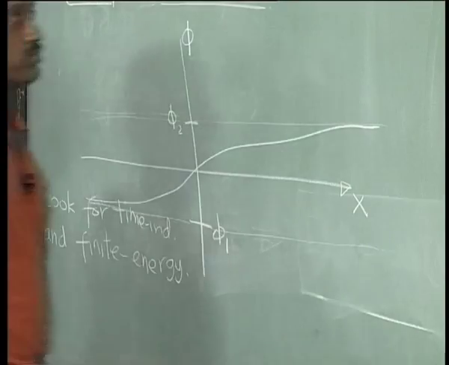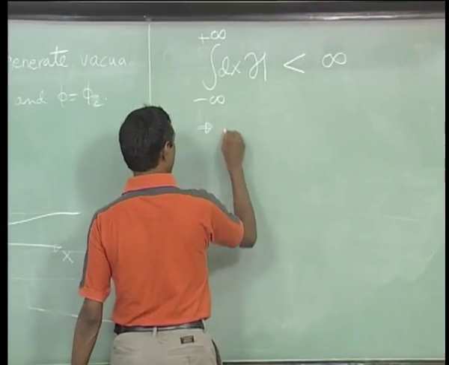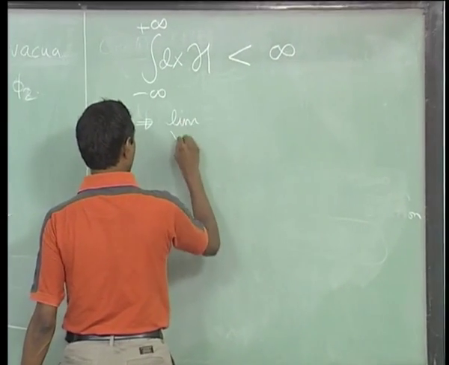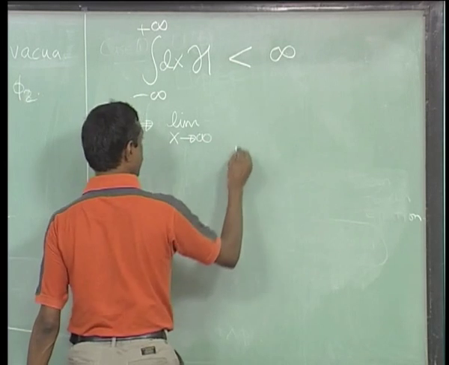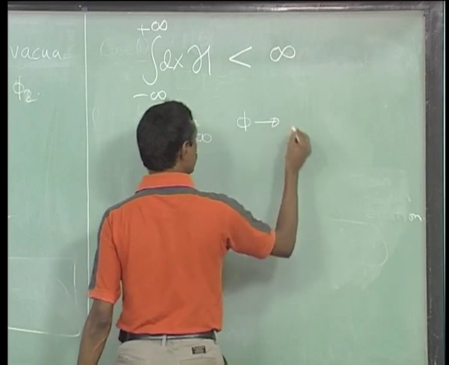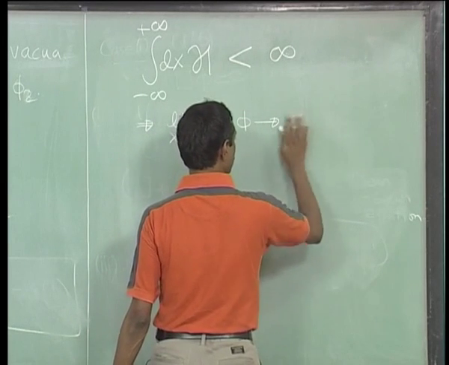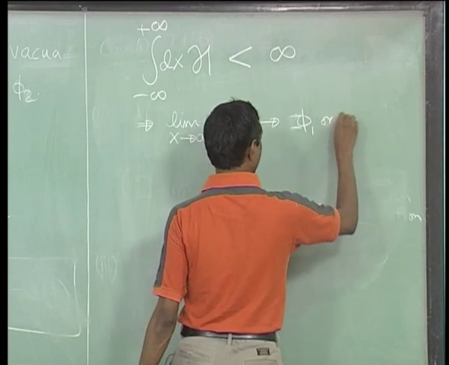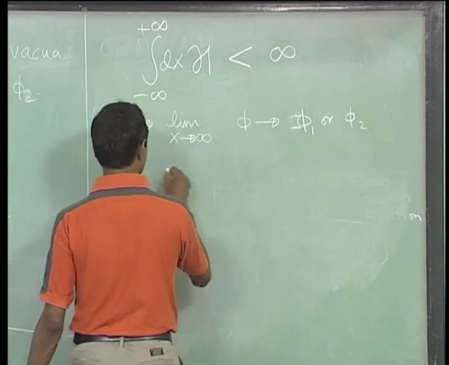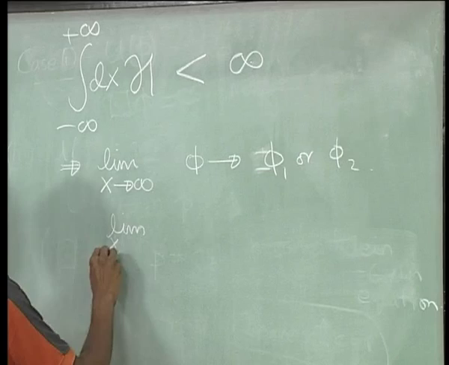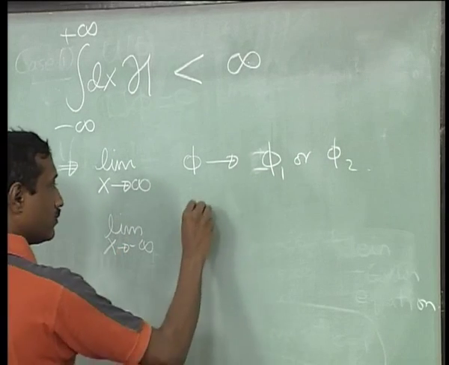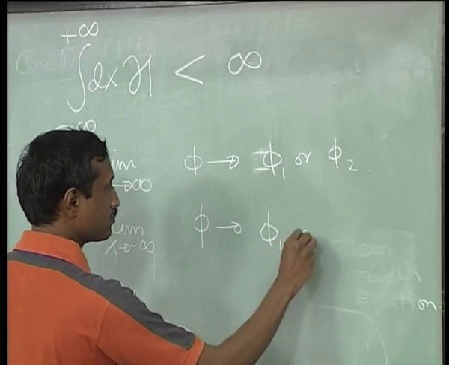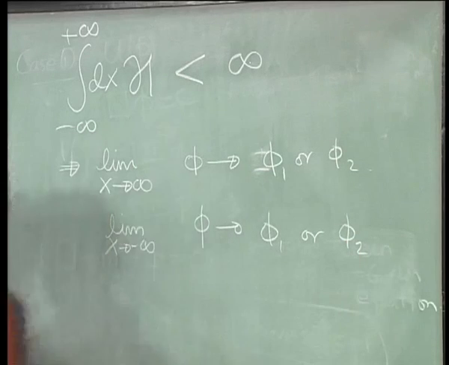So clearly this condition requires that as x tends to infinity, phi should go to phi 1 or phi 2, and as x tends to minus infinity, phi should go to, I am just writing out what I just already said in words.